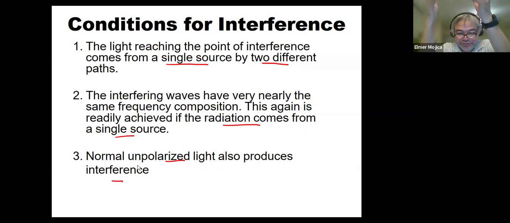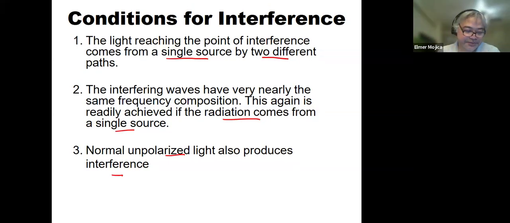The one where the waves become larger, that is a constructive interference. The one where they cancel out, that is the destructive interference. So that's what it means here on this, what we call interference.